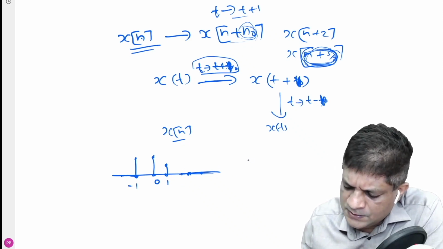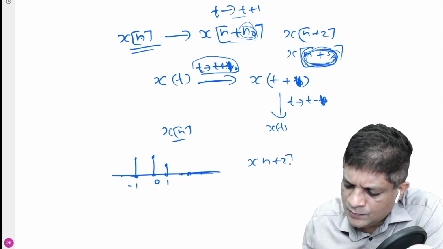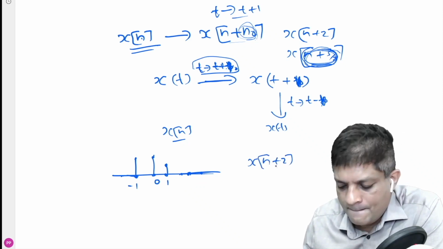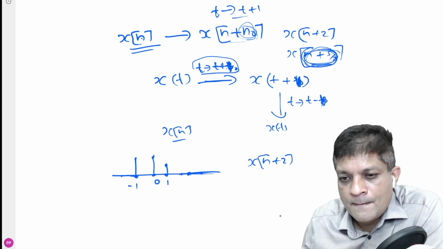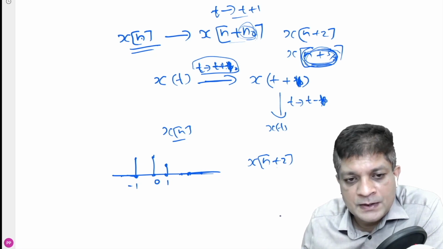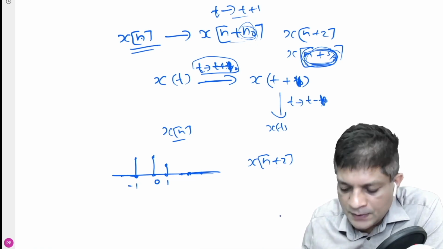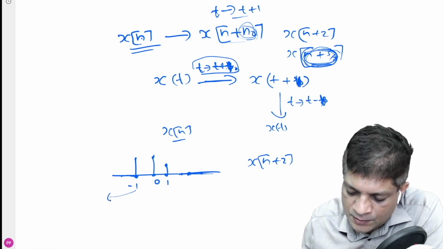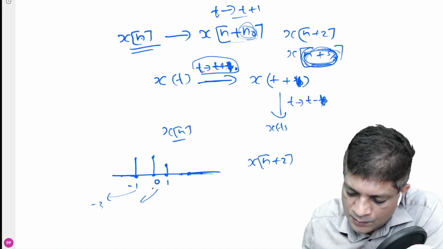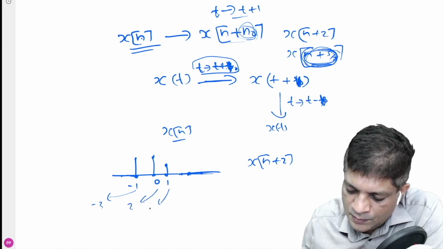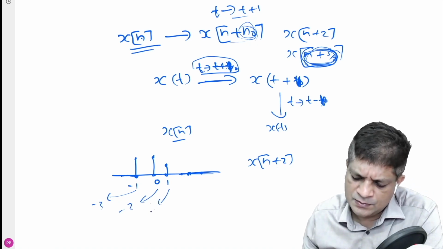Now, what is x(n plus 2)? Is it shifting left or right? It is shifting left by 2. That means this will go to minus 2 and minus 1, and so on.